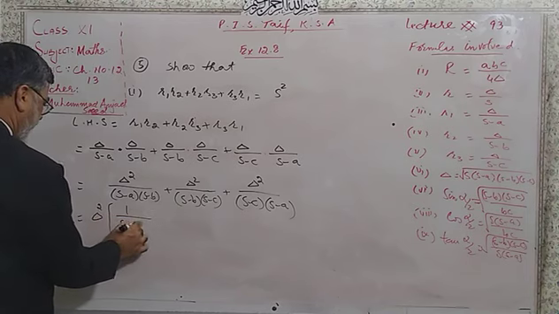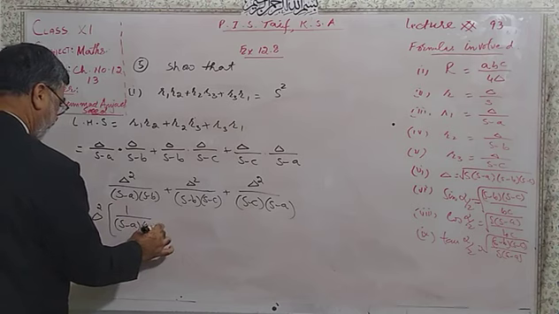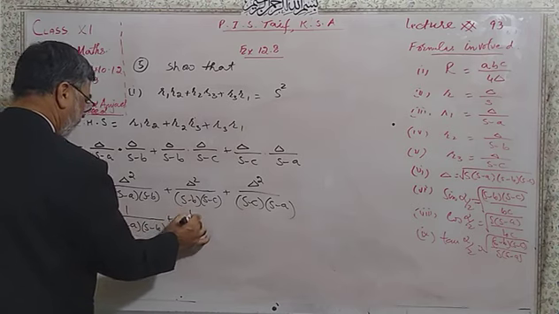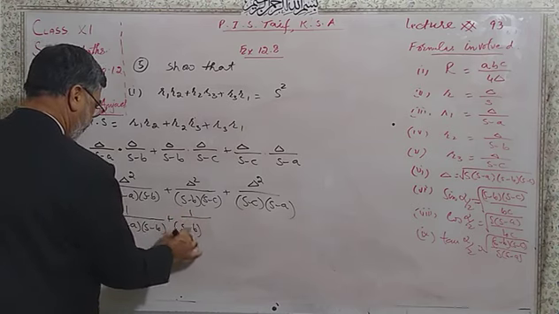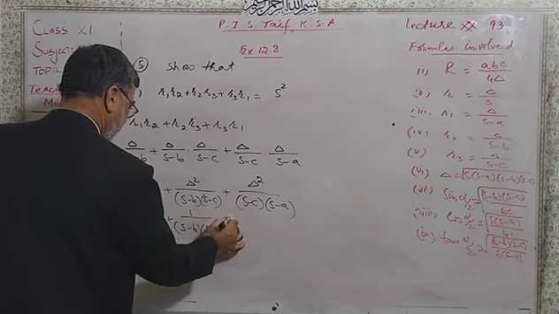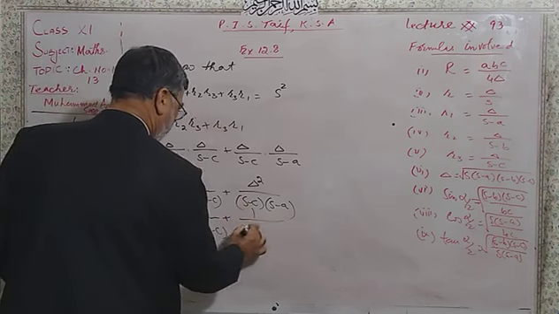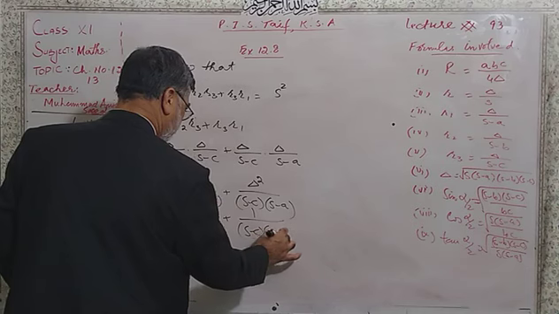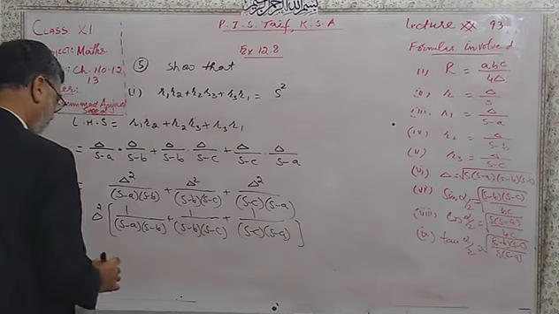This is 1 over S minus A, S minus B plus 1 over S minus B, S minus C plus 1 over S minus C, S minus A.